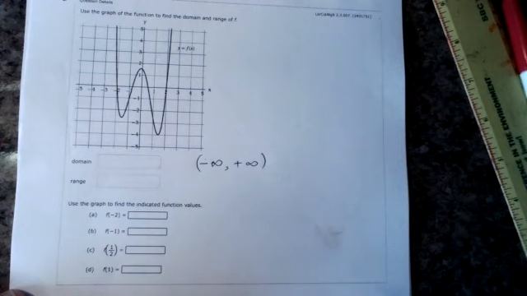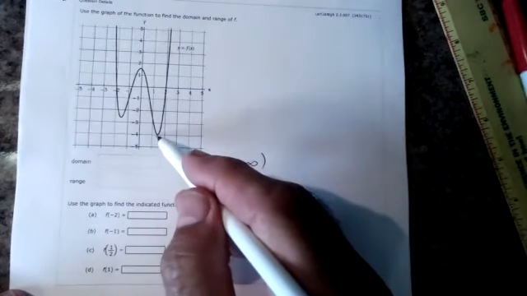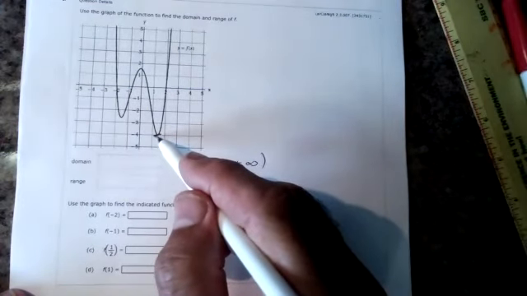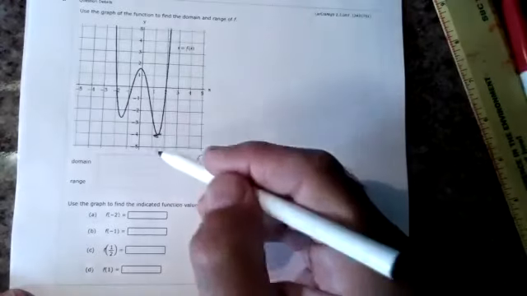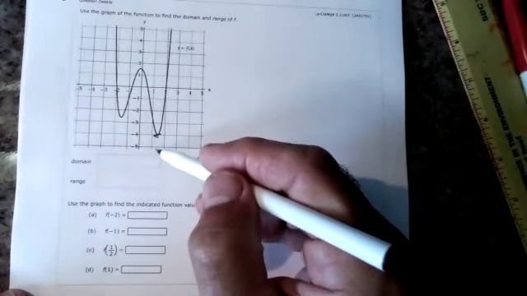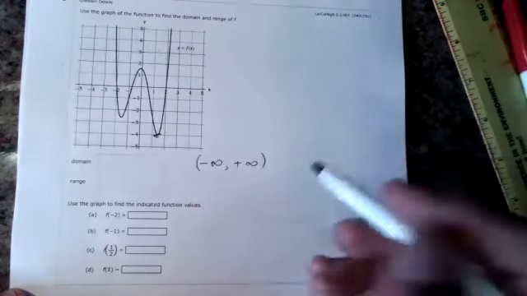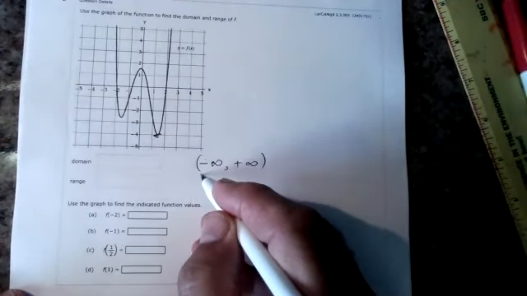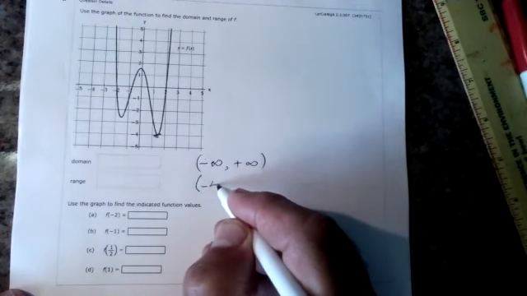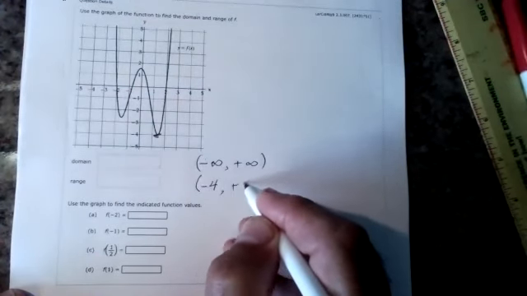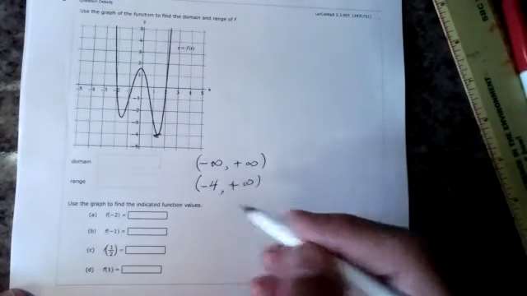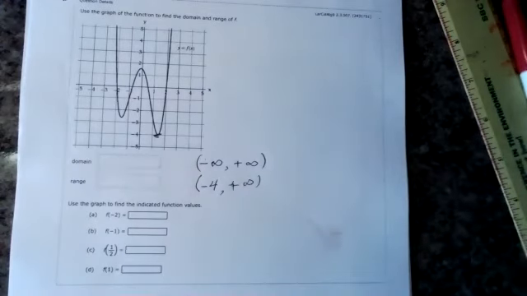And the range, the function starts from here and goes up. So it's not below -4. You don't have any curve below -4. So the y value or the range is from -4 to positive infinity. You don't even have to put positive infinity. If you just put infinity, it means it's positive.